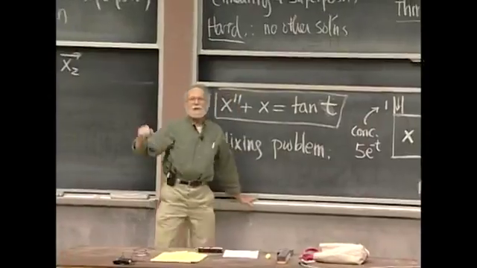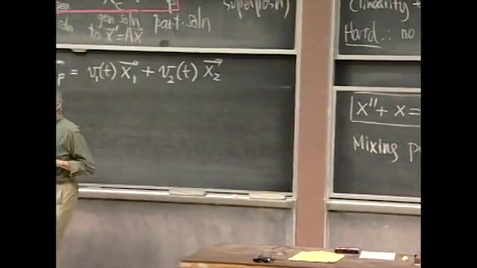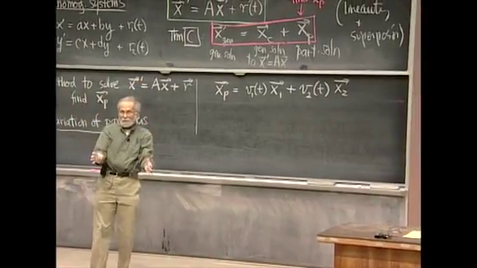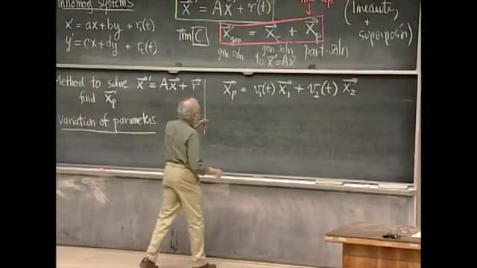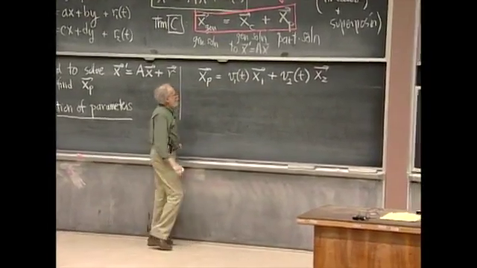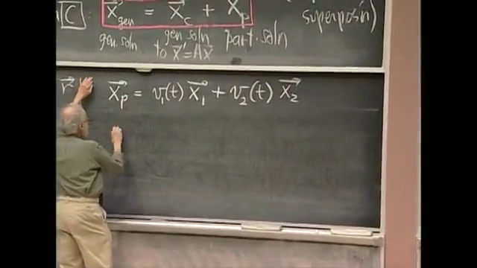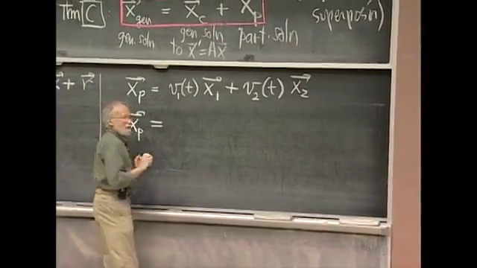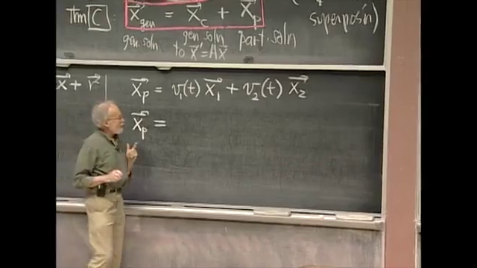Change the way it looks by using the fundamental matrix. Remember what the fundamental matrix was? Its columns were the two solutions. Okay, so these are solutions to the homogeneous system, and I'm going to write it using the fundamental matrix as, now think about it.